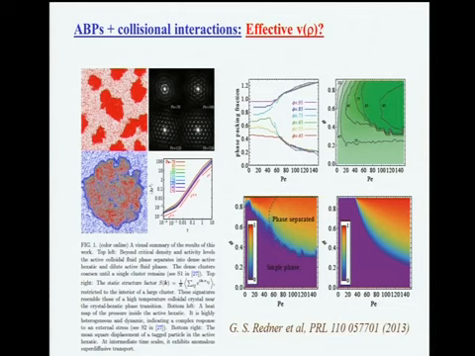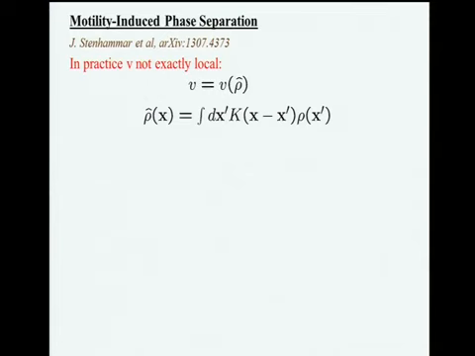But the basic picture of fluid-gas phase separation mediated by the fact that things slow down at high density, rather than things having attractive interactions, because all of the particle forces here are purely repulsive, seems to be a reasonably good way of describing that system.